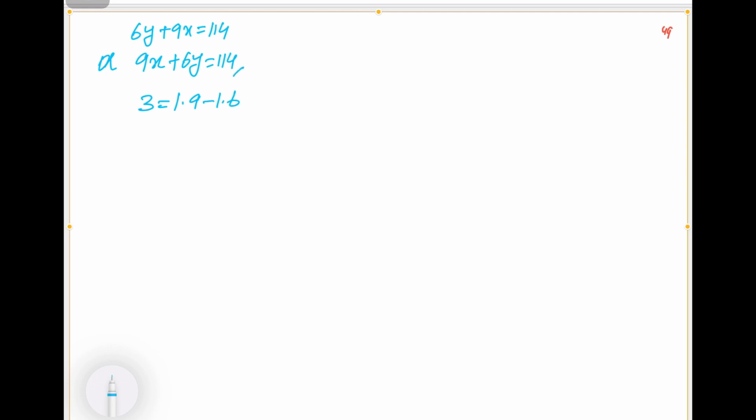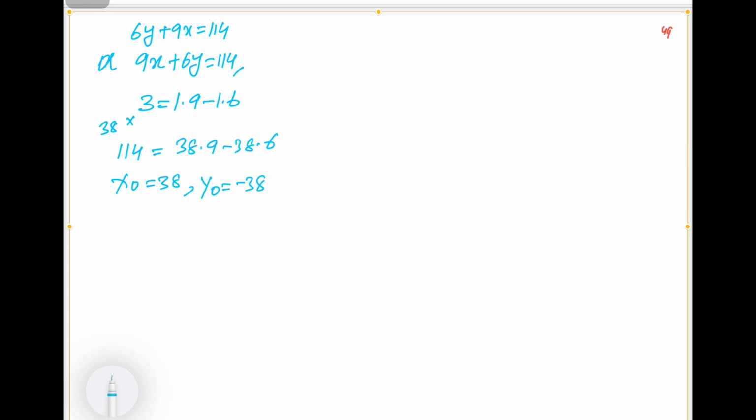So we have 114 here. So clearly 3 divides 114, so this equation is solvable. So we multiply this by 38 to get 114 here. So this is 38 into 9 minus 38 into 6. So x naught is 38 and y naught is minus 38.